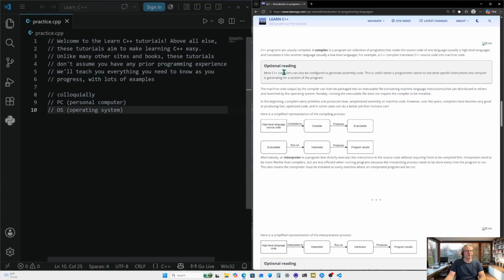There's some optional reading right here. Most C++ compilers can also be configured to generate assembly code. This is useful when a programmer wants to see what specific instructions the compiler is generating for a section of the program.